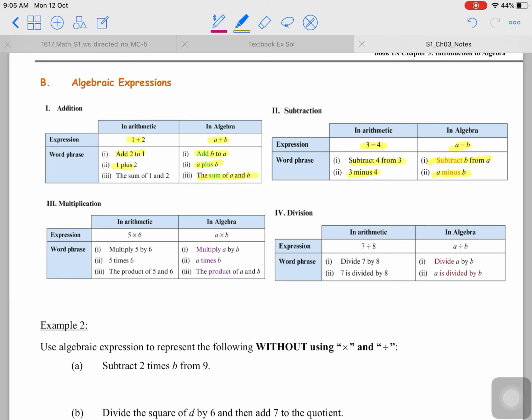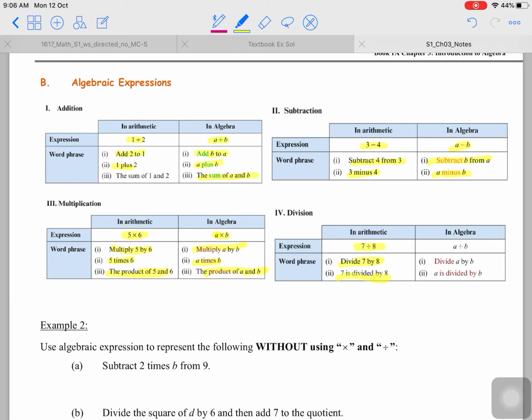Okay, multiply and divide is simply using the left to the right. So this one we say 5 times 6, or multiply 5 by 6, or the product of 5 and 6. You can say a times b, or multiply a by b, or the product of a and b.